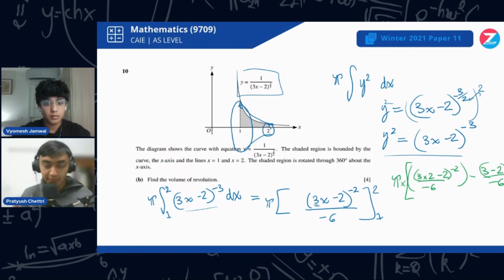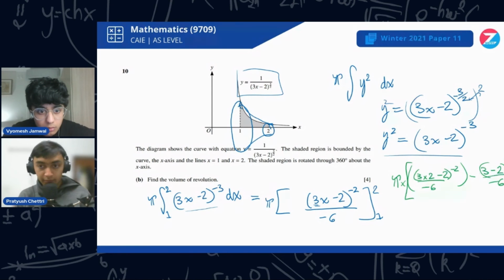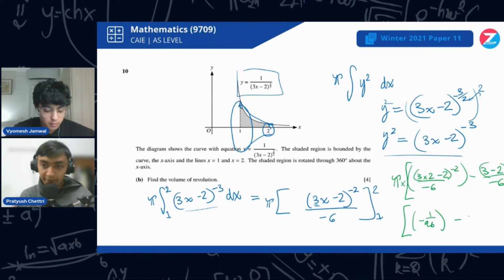Let's get the value for that without the pi first. I like to write the sections out separately. Minus 1 by 96, minus 1 by minus 6. Yeah.